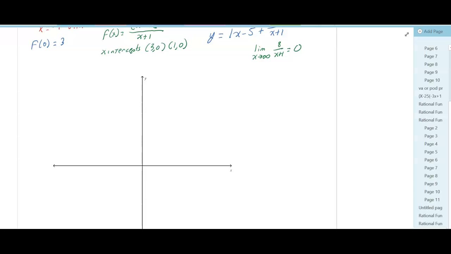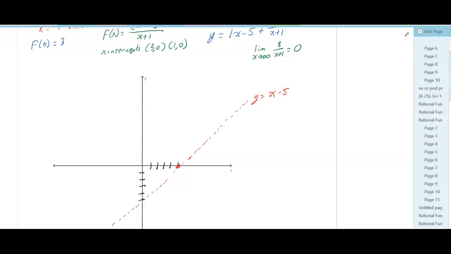So the slant asymptote is y equals x minus 5. I'm just going to sketch the slant asymptote using the y-intercept and slope. Should hit that point at negative 5. So here's y equals x minus 5.